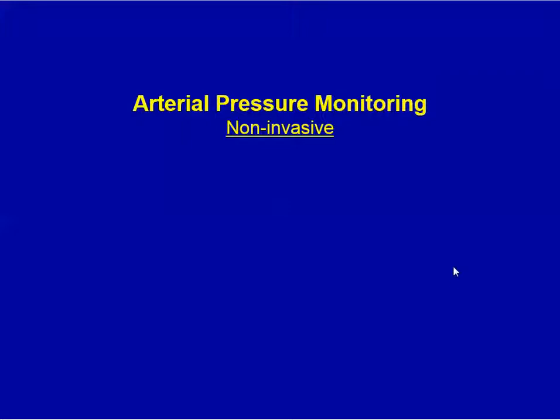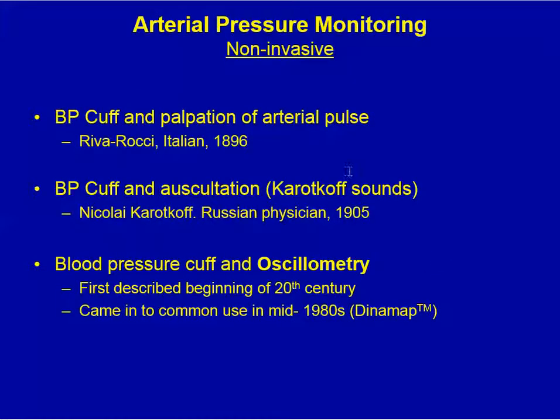Let me turn now to non-invasive measurement of arterial pressure. This was originally done by Riva Rocci by putting a cuff around the arm, which I've shown a picture of, and then palpating the arterial pulse at the wrist and identifying systolic pressure as that at which the pulse recurred.